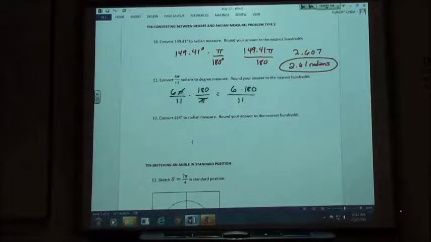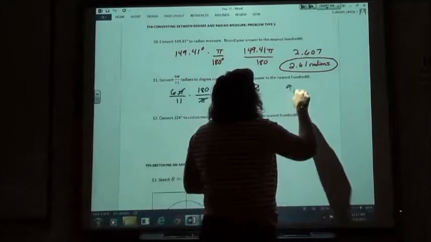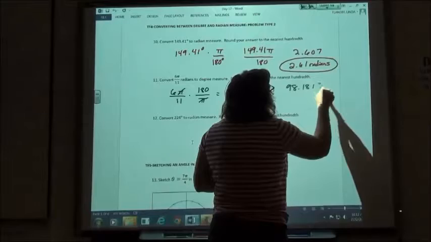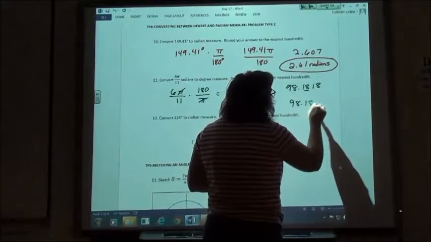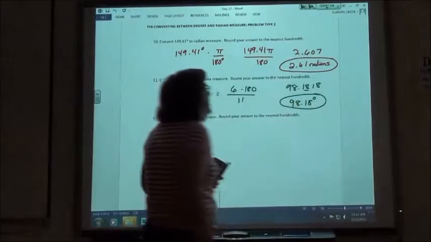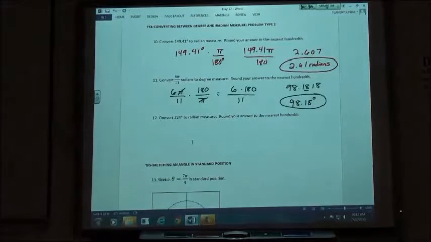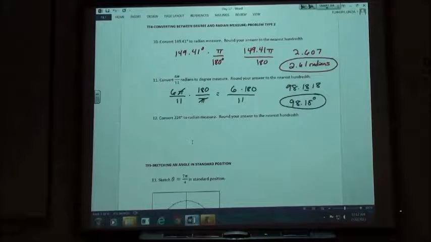So 6 times 180 divided by 11 gives me 98.1818. But I'm rounding to the nearest hundredth, so 98.18 degrees is equal to 6 pi over 11 radians. 6/11 pi, however I want to read that.